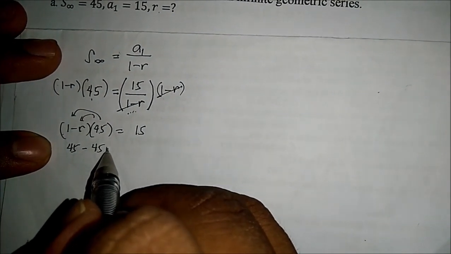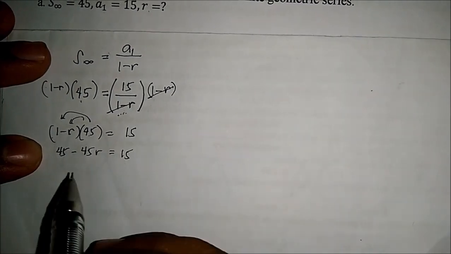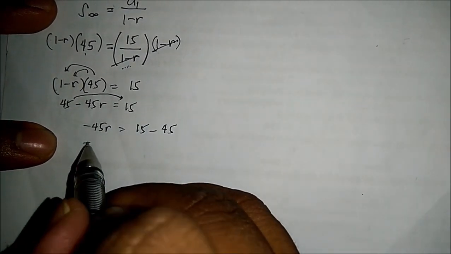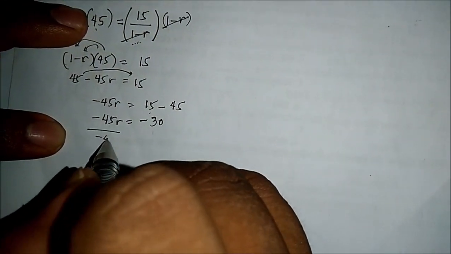Distribute 45: 1 times 45 is 45 minus r times 45 is 45r equals 15. Now by APE, we have negative 45r is equal to 15 minus 45. That would be negative 30. Yes, negative 30. Divide both sides by negative 45.